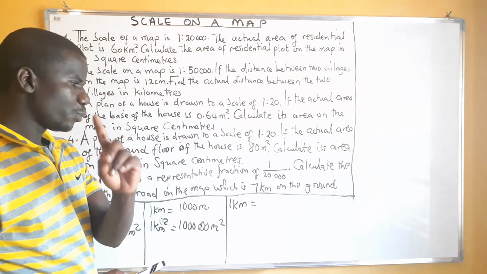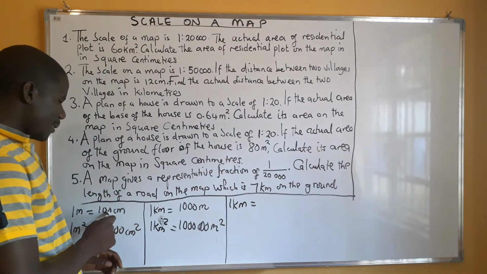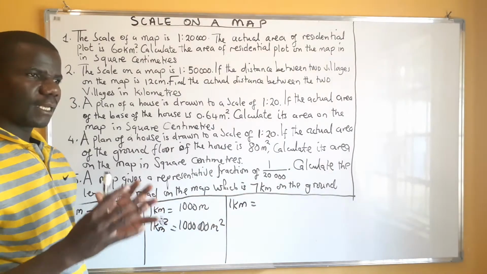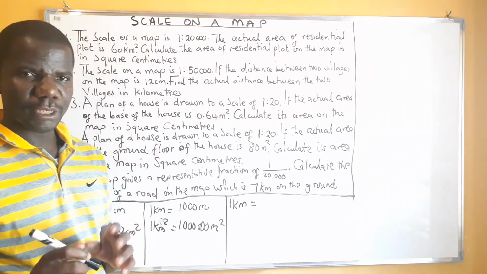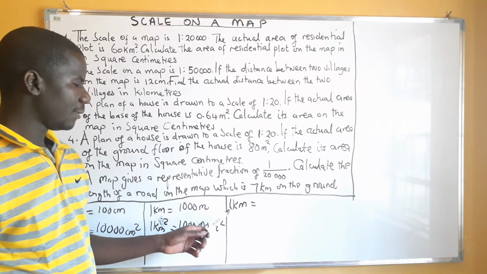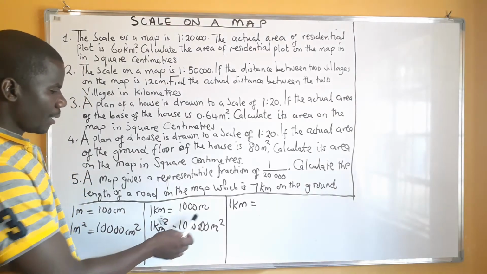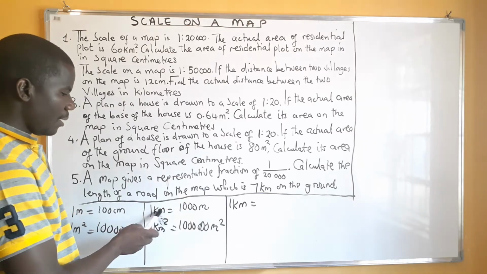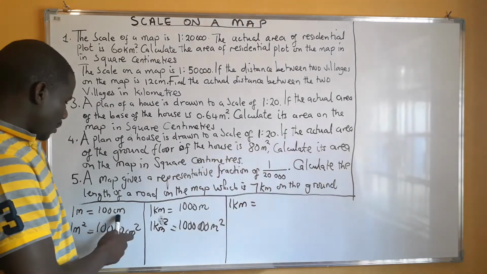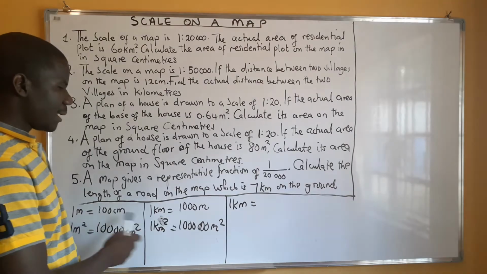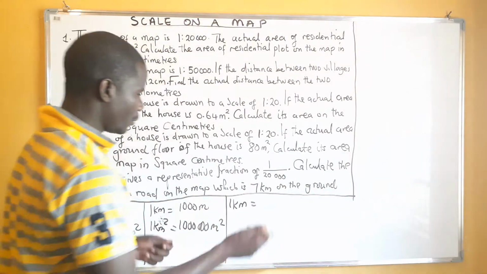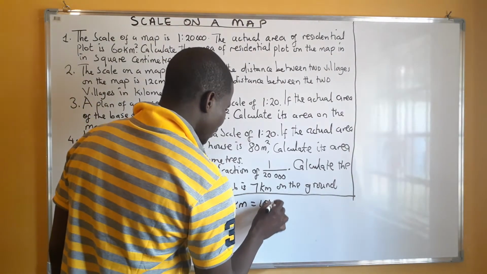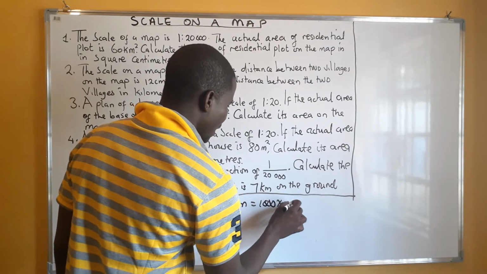To get the number of centimeters that constitute a kilometer, I'm going to multiply the number of meters in a kilometer by the number of centimeters in 1 meter. So this is going to be 1,000, that is meters, multiplied by 100.